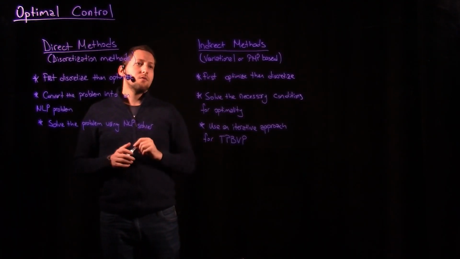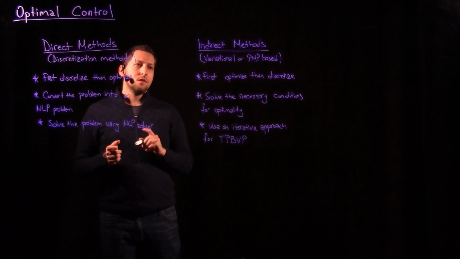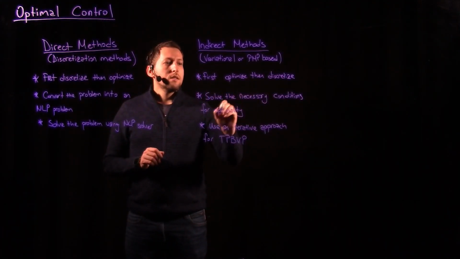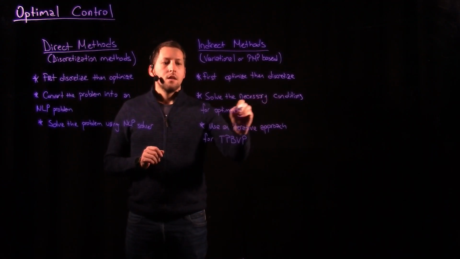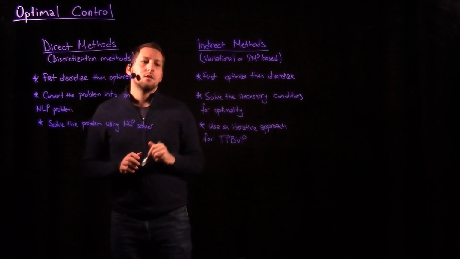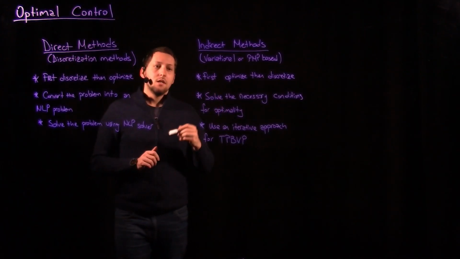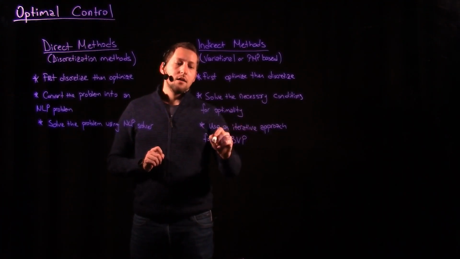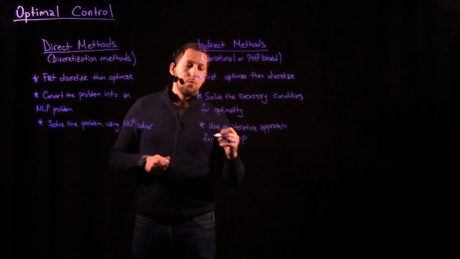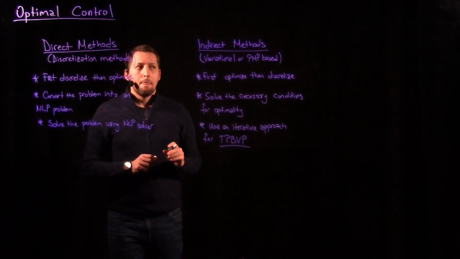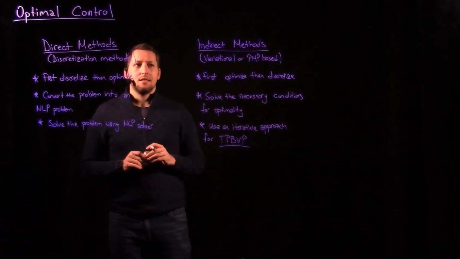In the indirect methods, it's slightly different. In these approaches, first the necessary conditions for optimality are used, the equations that I showed before, and an iterative approach is required to solve this two-point boundary value problem, which complicates things.